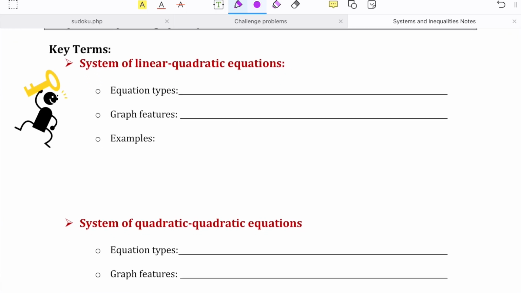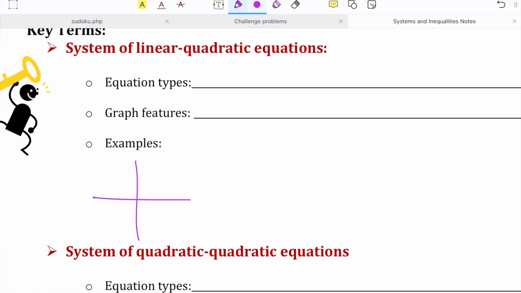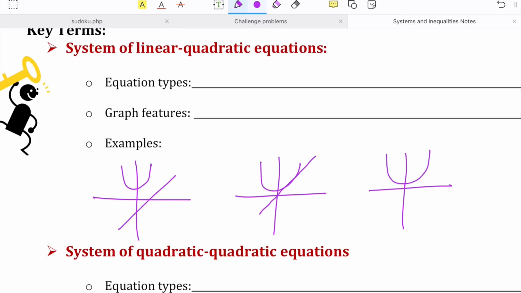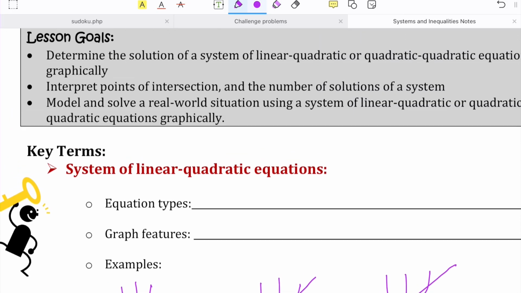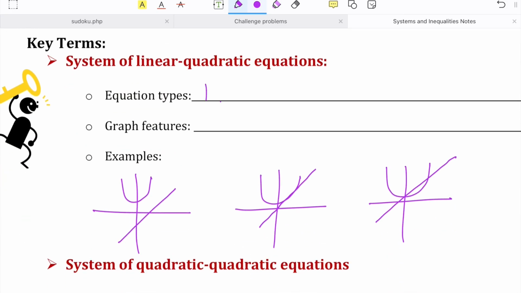Key terms over here, system of linear or quadratic equations. So when we have this, that means we have a linear graph and a quadratic graph. It could look like this, it could look like this, it could look like this. Okay. Equation types, we have one linear and one quadratic.